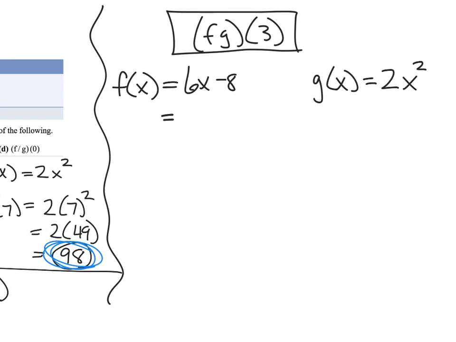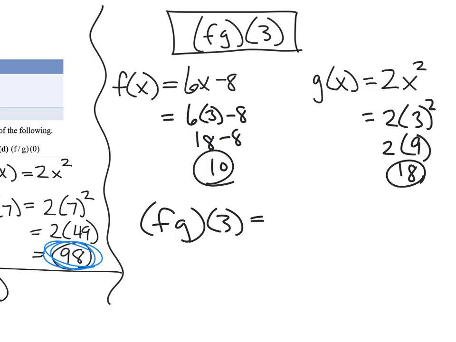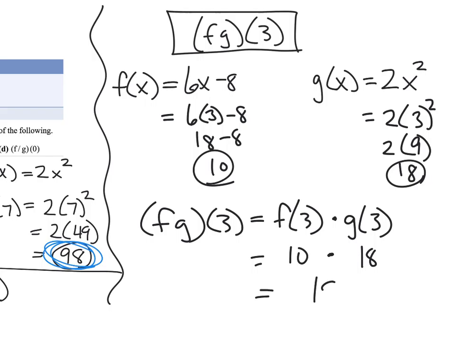So you've got 6 times 3 minus 8, that's 18 minus 8, that's 10. And over here, we've got 2 times 3 squared, so that's 2 times 9, which is 18. So fg of 3 means we find f of 3 and multiply it by g of 3. That means 10 times 18, which is 180.